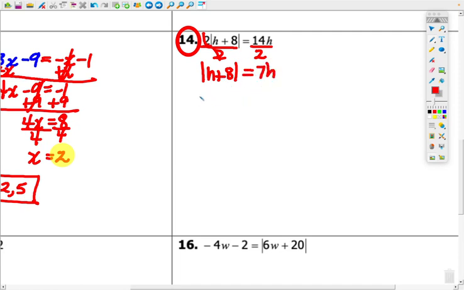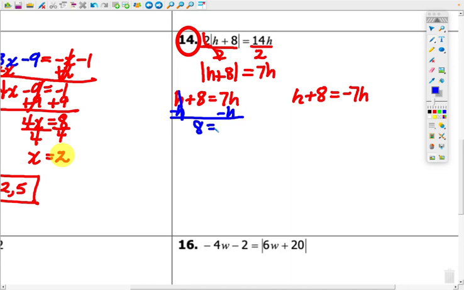And now I'm going to set up my two cases. My first case will be h plus 8 equals 7h. And then it'll be h plus 8 equals negative 7h. From here, I just need to solve. So I'm going to subtract my h. And 8 is going to equal 6h.